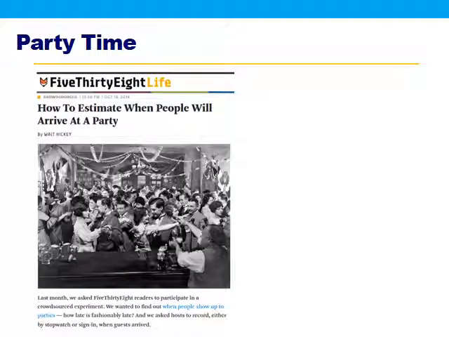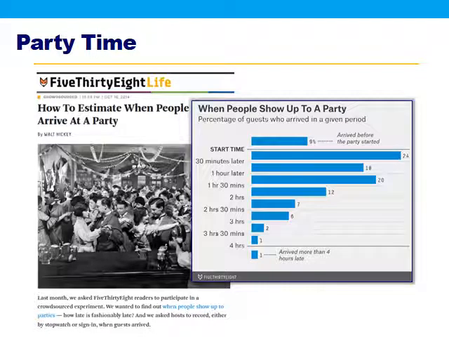The blog 538, which I draw a lot of examples from, they asked people the same question that I asked you all. And here is a grouped histogram showing people's answers. Notice that each bar represents 30 minutes of time. So 24% of people said that they would show up within 30 minutes of the advertised start of the party.